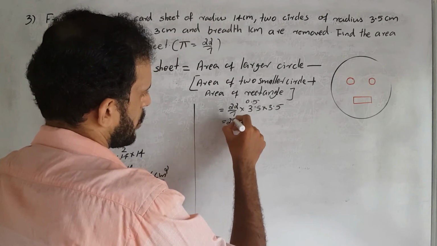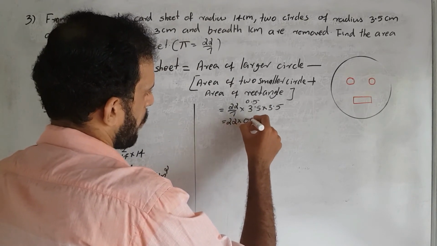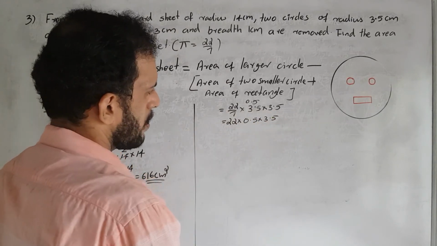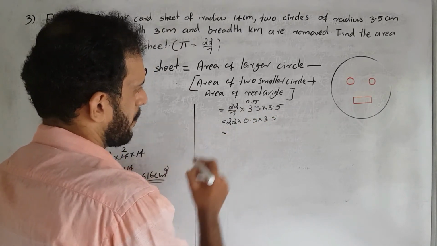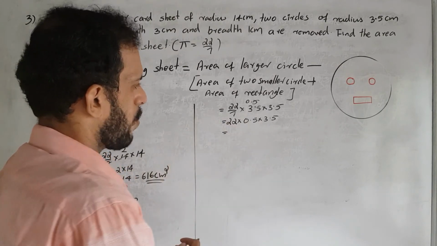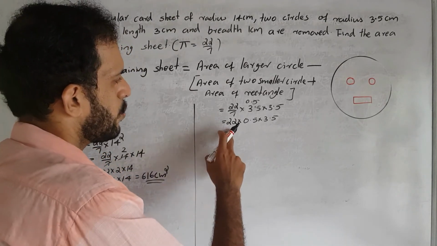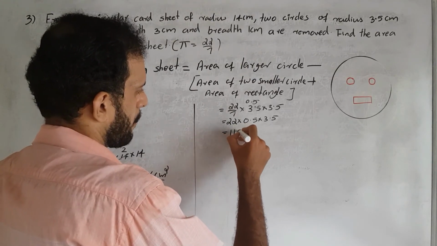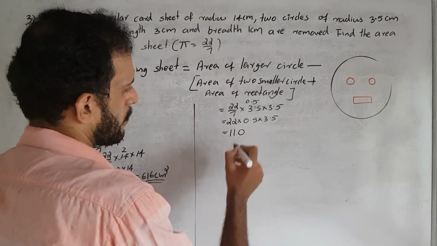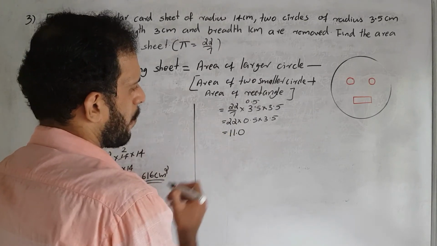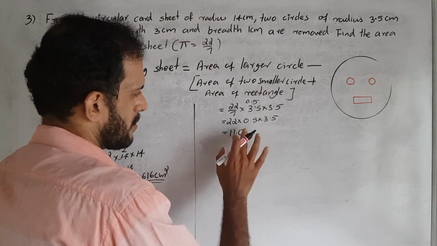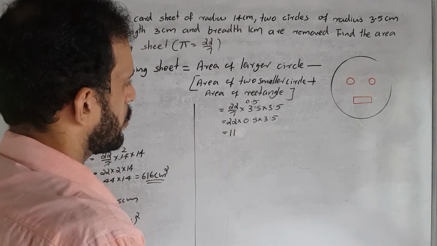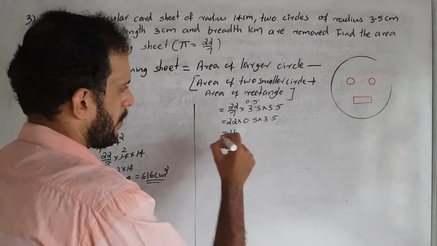So the answer is 22 into 0.5 into 3.5. The next we are multiplying 22 into 0.5. Then 22 into 5 is 110. Then we put the decimal point after one digit, so 11.0. 11.0 is 11. Okay, then 22 into 0.5 is 11.